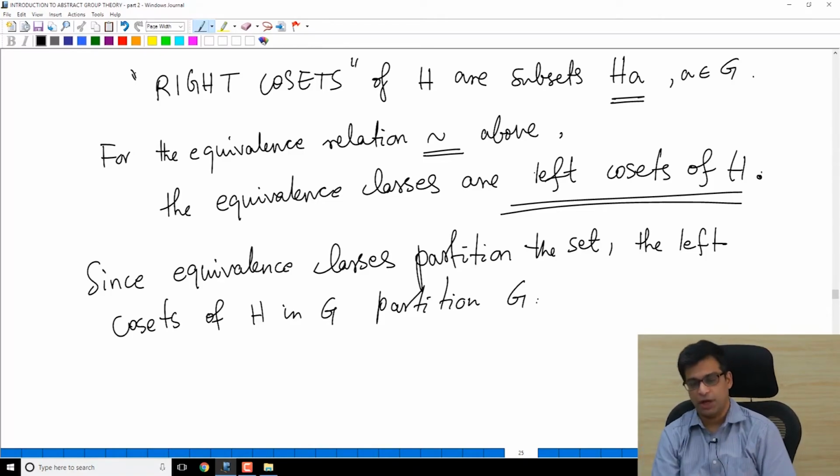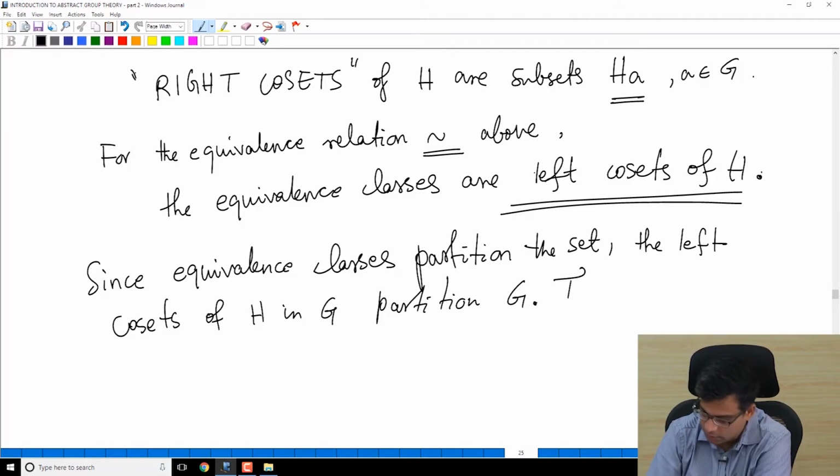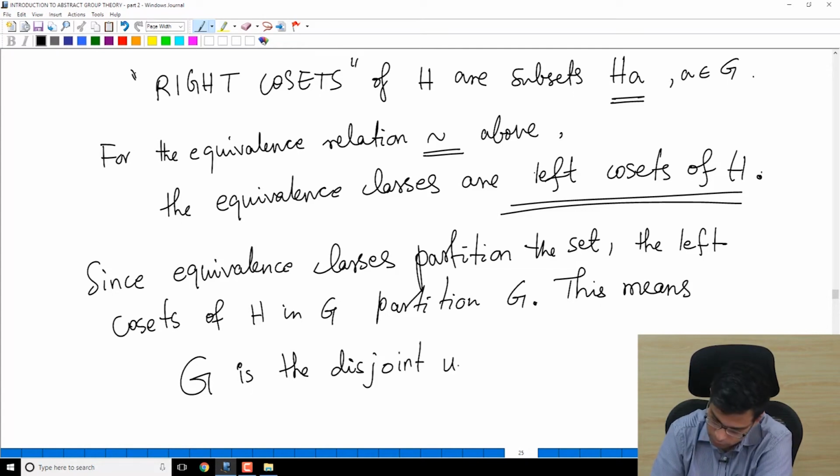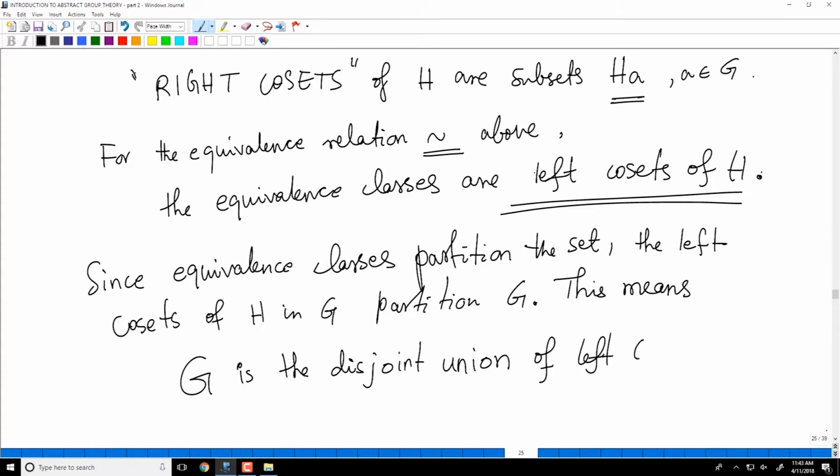So left cosets of H are equivalence classes for an equivalence relation. So they partition G, which is to say, this means G is the disjoint union of left cosets. The word disjoint means that if you have two distinct left cosets, they have nothing in common.